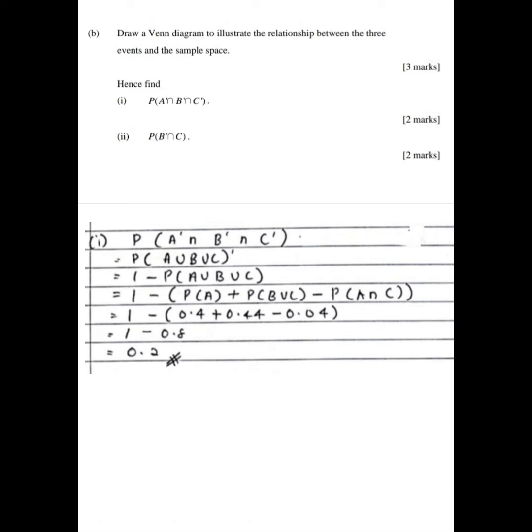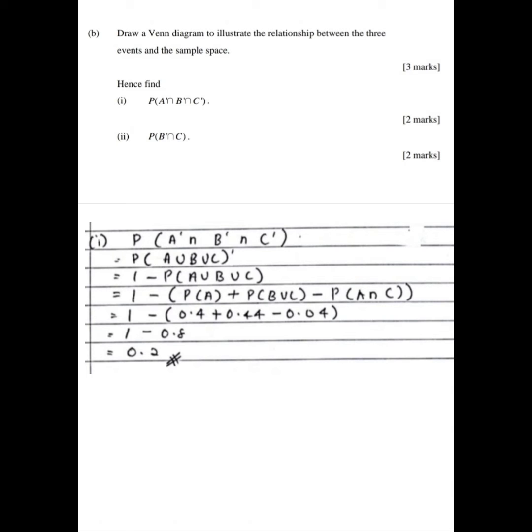Probability for not (A union B union C) equal to 1 minus probability for A union B union C. So 1 minus probability for A plus probability for B union C minus probability for A intersect C. Then 1 minus (0.4 plus 0.44 minus 0.04).